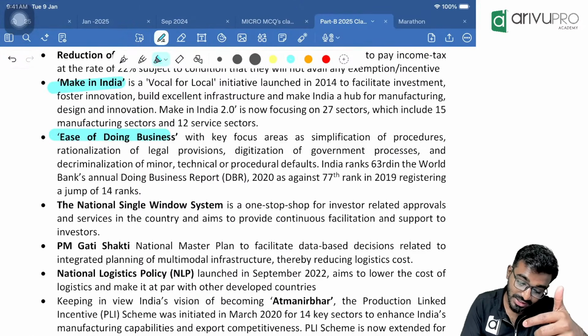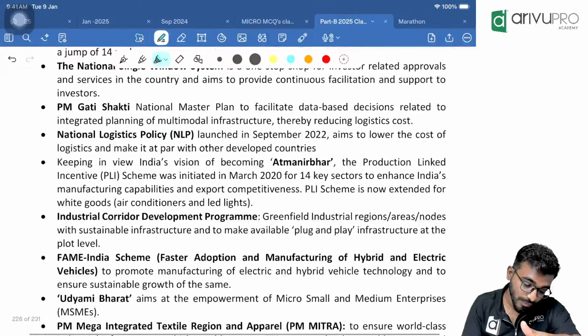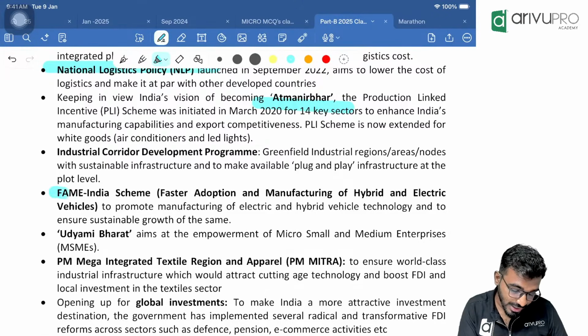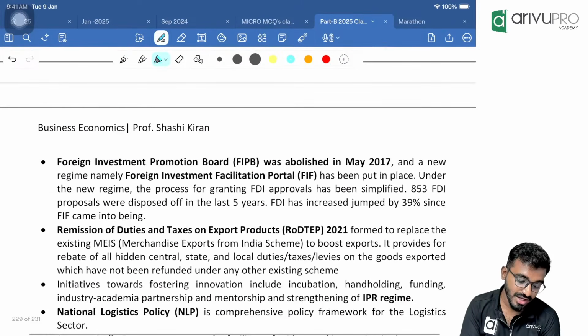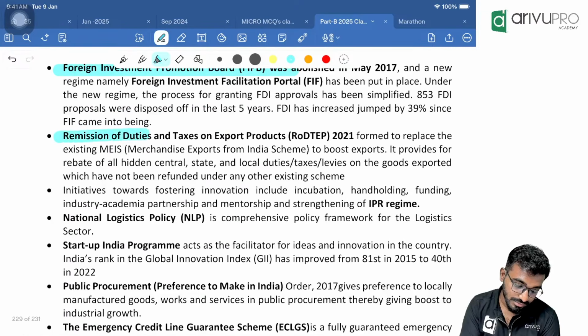India's ranking is presently 63rd in the world. These rankings are important. And Single Window, National Logistics Policy, Atmanirbhar Bharat, all this. And electronics manufacturing and all this. 100% FDI, foreign direct investment, was introduced, and this one, remission of duties and taxes on exports.